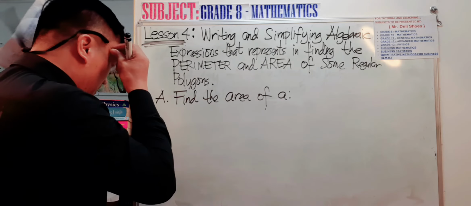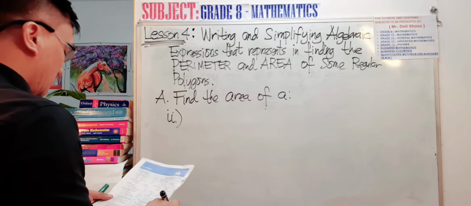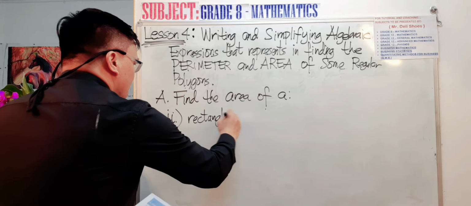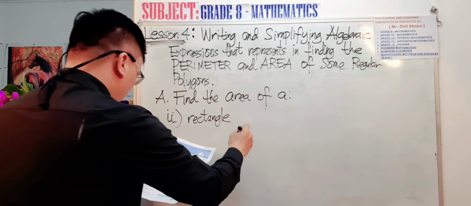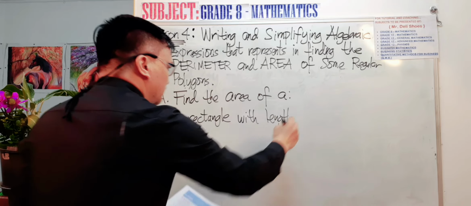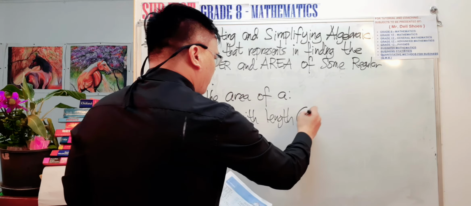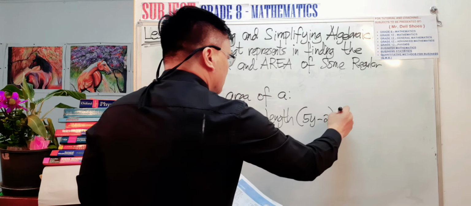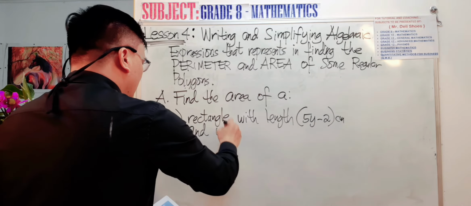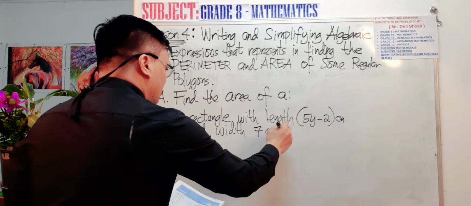Find the area of a rectangle with length 5y minus 2 centimeters and width 7 centimeters.